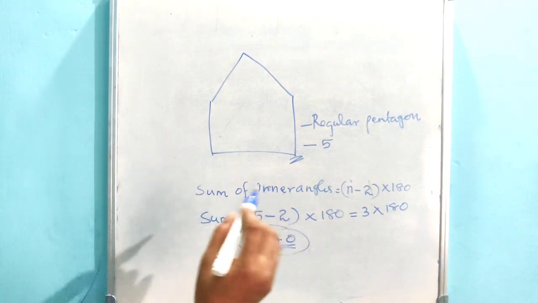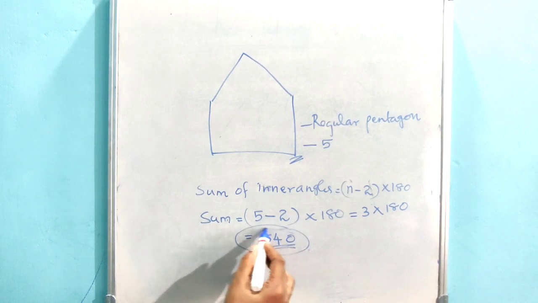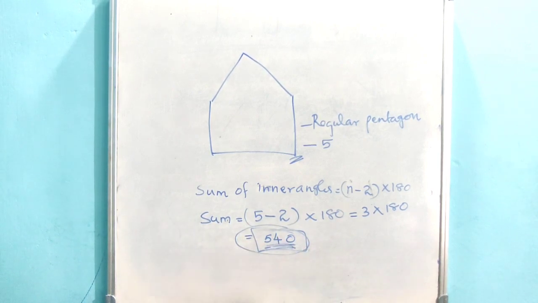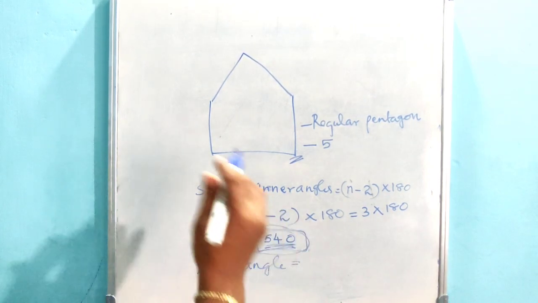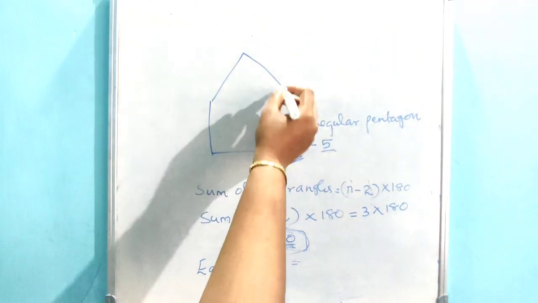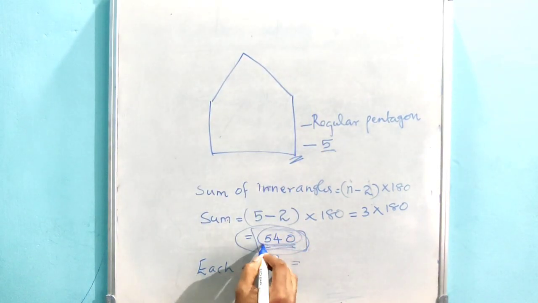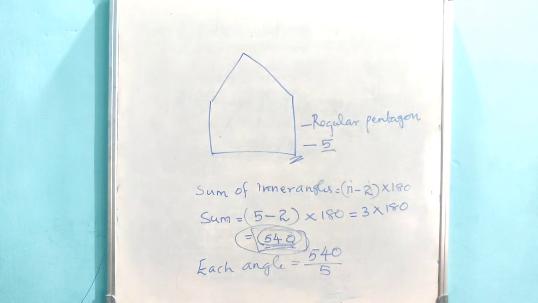And we know that all angles and all sides are equal. Here, the sum of angles is equal to 540 degrees. Then what will be each angle? The sum of inner angles is 540 degrees and all 5 angles are equal. Then each angle is equal to 540 divided by 5.